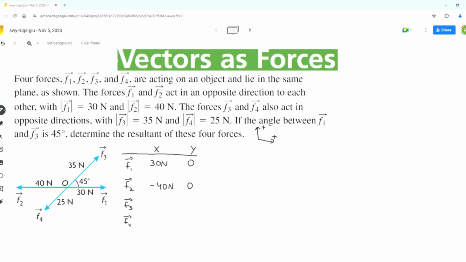F3 is acting at an angle of 45 degrees to F1, and F1 is horizontal. So we'll have to draw a vector triangle for F3 to resolve F3 into its x and y components. We can do this here on the side. We'll have to use a right angle triangle because the x and y components are perpendicular to each other and they'll represent the legs of the triangle.